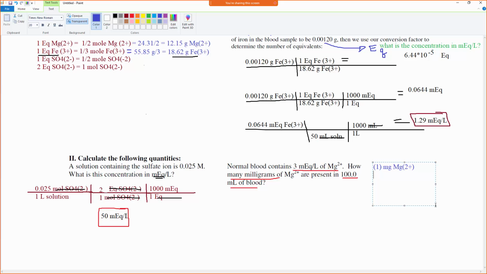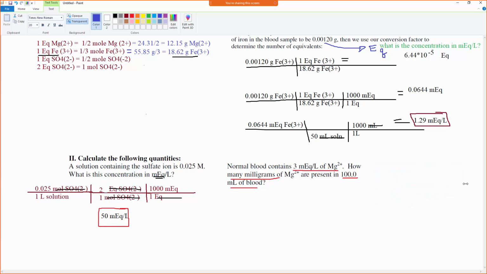And step 2, what did they give us? They gave us 100 milliliters blood, and we have 3 milliequivalents of magnesium 2+ in every 1 liter of blood.